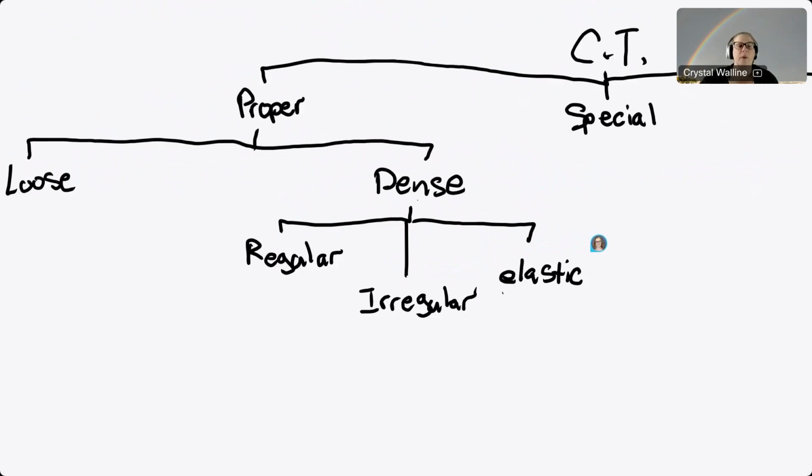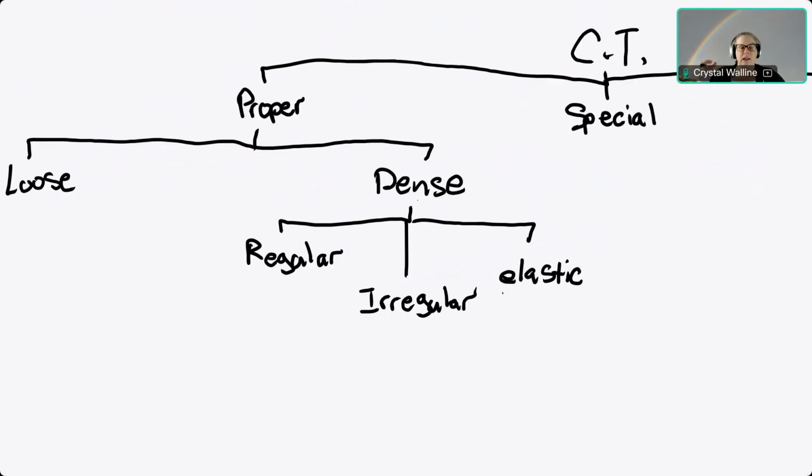So the difference between regular, irregular, and elastic dense, proper connective tissue is the arrangement or the components of the extracellular matrix. In regular dense connective tissue, the extracellular matrix is arranged in a way that everything has a regular organization or pattern.